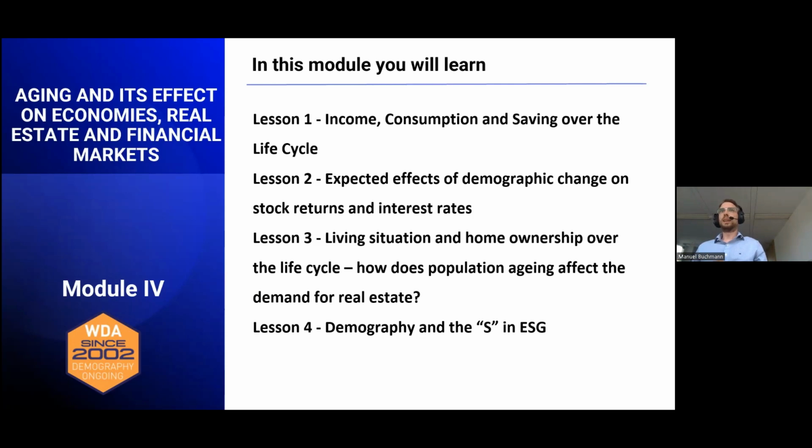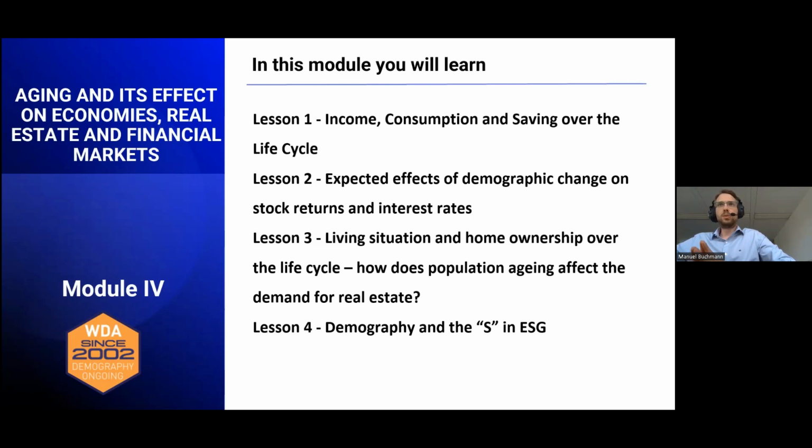And then in the following lessons, I will go into more depth. In lesson 2, I will talk about expected effects of demographic change on stock returns and then on interest rates. In lesson 3, I will talk about the living situation and home ownership over the life cycle, or in other words, how does population aging affect the demand for real estate and therefore real estate markets and real estate returns.